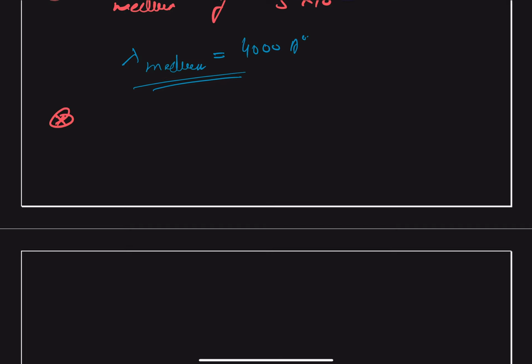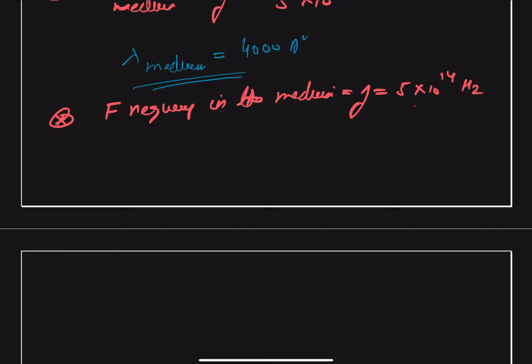So we can say our frequency in the medium will be f, which was 5 into 10 to the power 14 hertz. So frequency will be the same, only the wavelength is going to change. So we come to the next question.